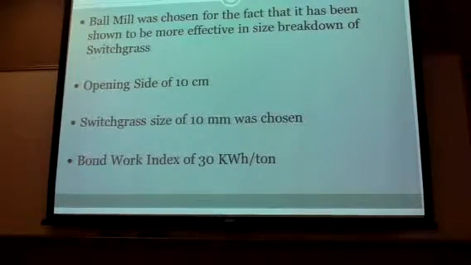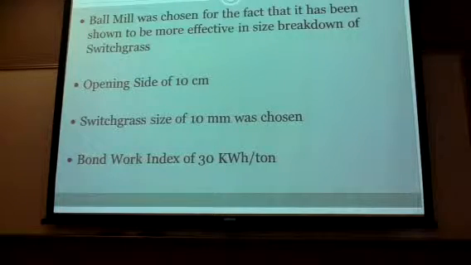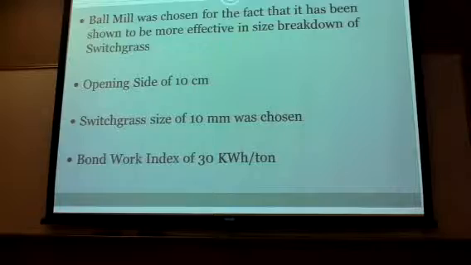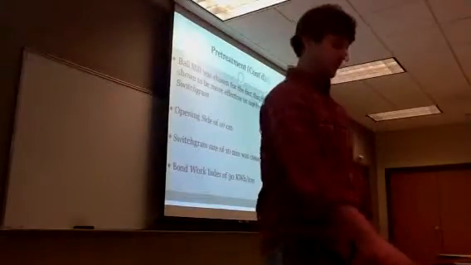We chose the ball mill for its demonstrated effectiveness in breaking down the size of the switchgrass. An opening size of 10 centimeters is best, and a switchgrass size of 10 millimeters was chosen for us. This will result in a Bond work index of 30 kilowatt hours per ton of biomass.